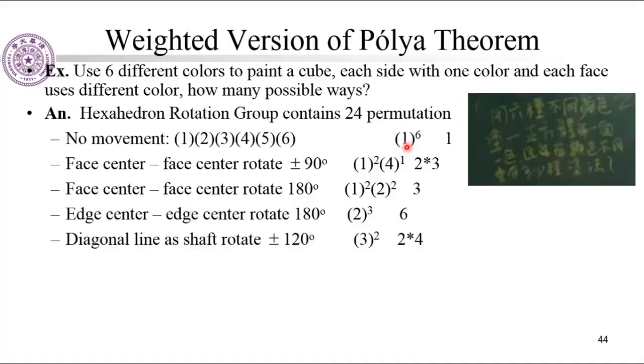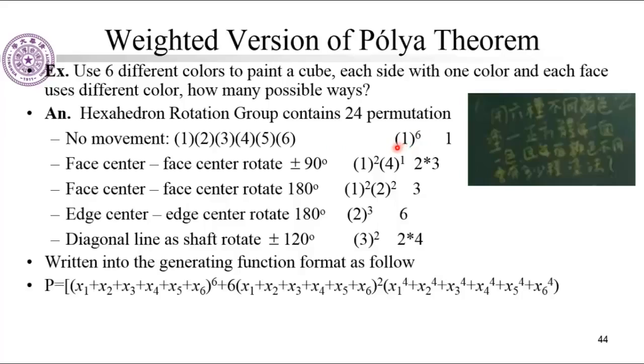Then list all these generating functions for us to analyze. Let's look at the first component's corresponding generating function. How should it be written? Here it is 1-cycles each. Therefore we use variables x1 to represent the first color, x2 for the second, until x6.